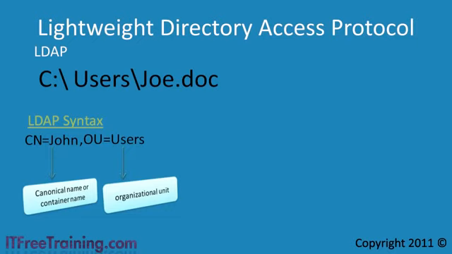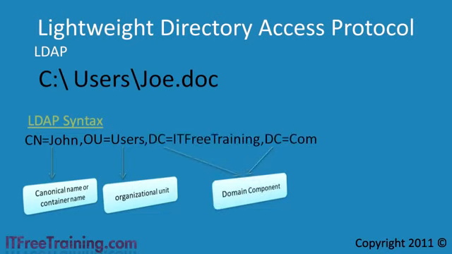Now, if I were to compare this with accessing a file on the hard disk, I now need to specify where this object is. In the case of files on the hard drive, I added a drive letter. In the case of LDAP, I need to add the domain it is located in. In this case, I will use itfreetraining.com. In LDAP syntax, I need to add DC=itfreetraining, DC=com.